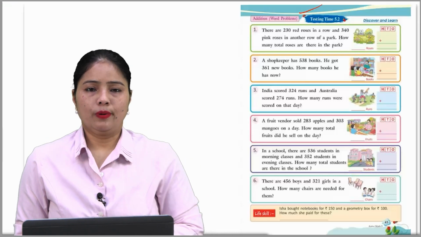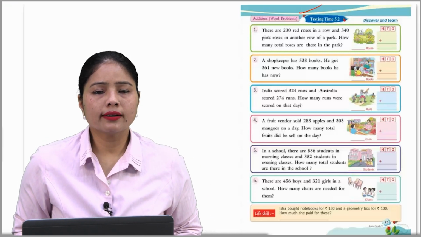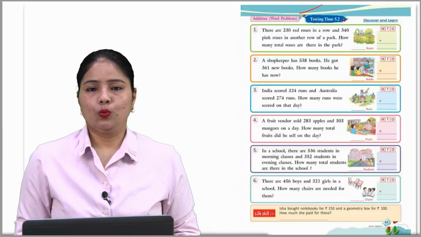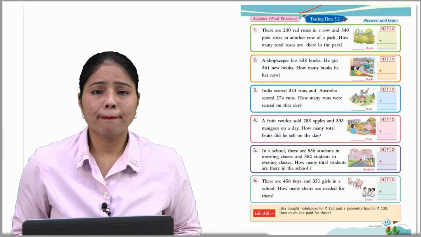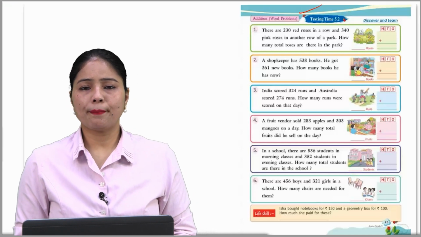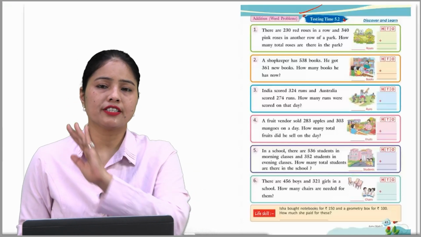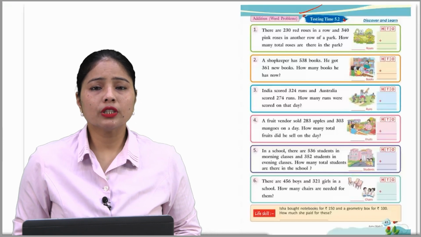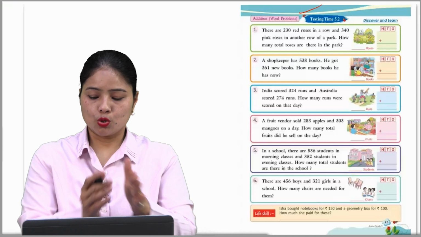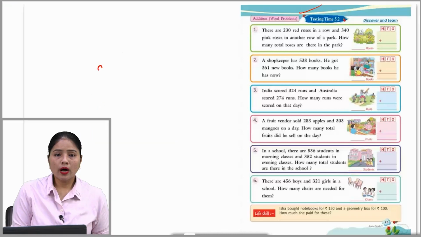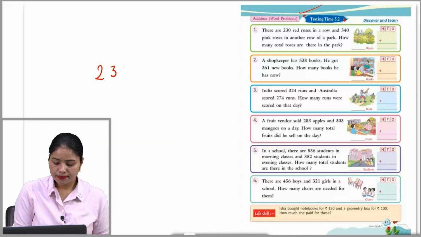Addition word problems. There are 230 red roses in a row, and 340 pink roses in another row of a park. How many total roses are there in the park? So how will we do it? 230 red roses and the second one is 340.